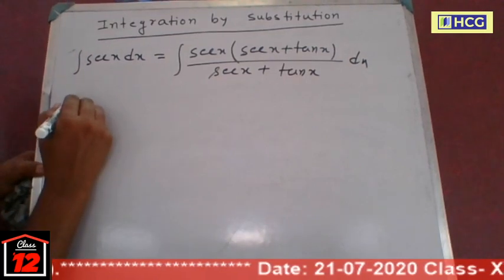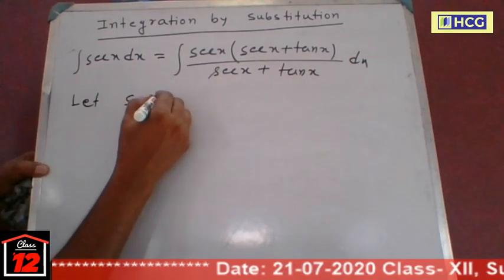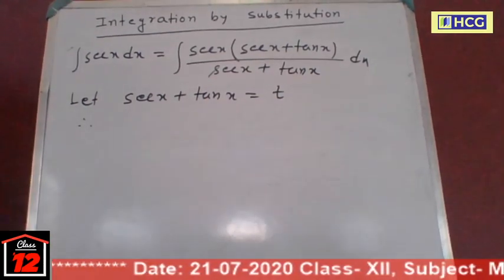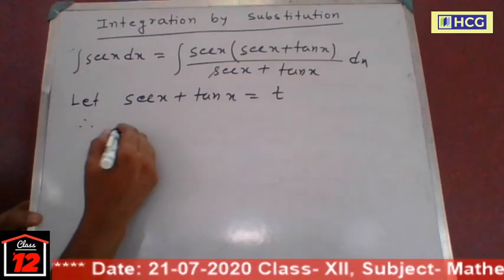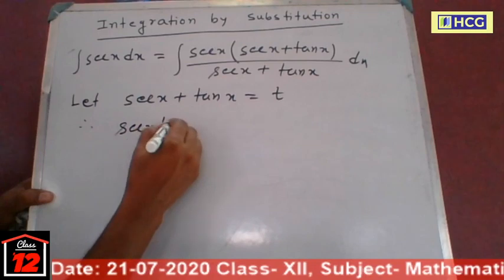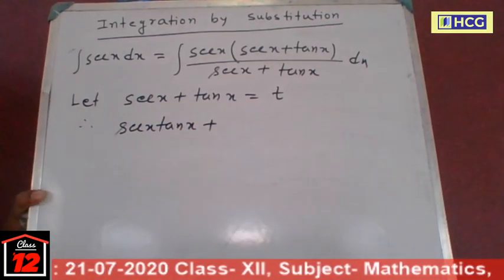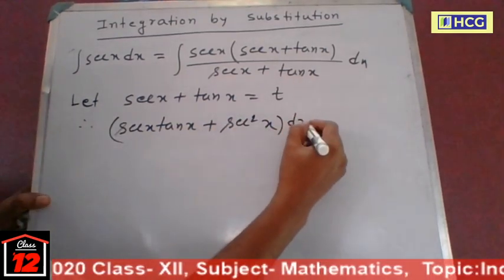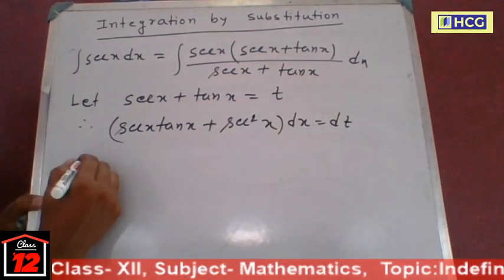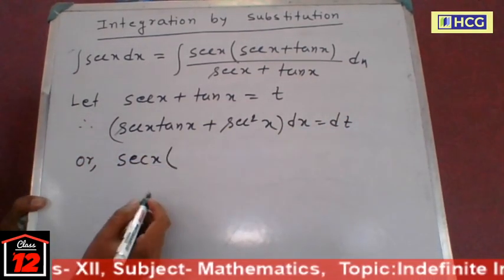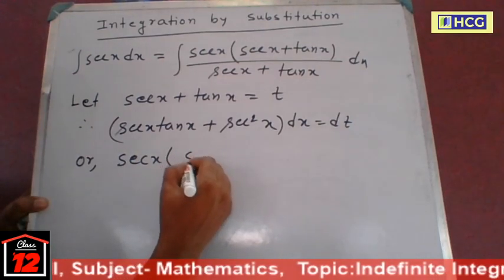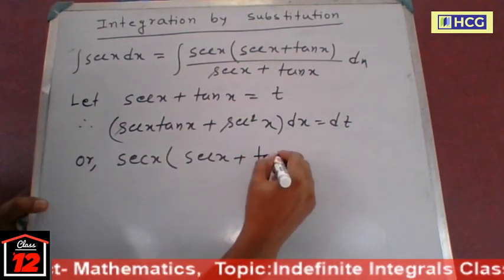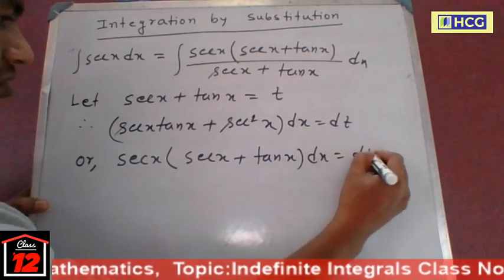Now let sec x plus tan x equal t. Therefore the derivative of sec x is sec x tan x, plus the derivative of tan x, sec square x, dx equals dt. Now sec x is common, so sec x into sec x plus tan x into dx equals dt.